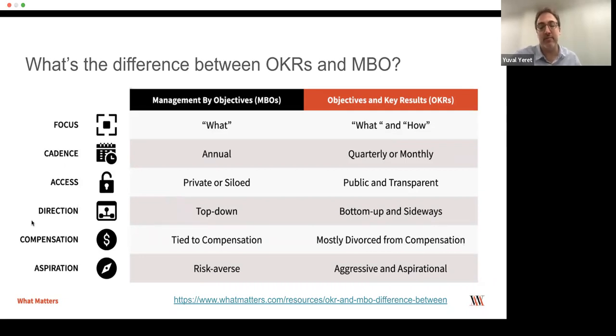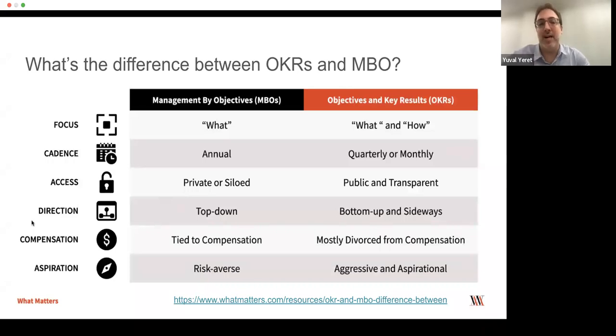And ideally, they're divorced from compensation, because once we tie those things up, we immediately create a lot of issues with transparency, aspiration, and the willingness of people to really take on aggressive work with potential to fail.